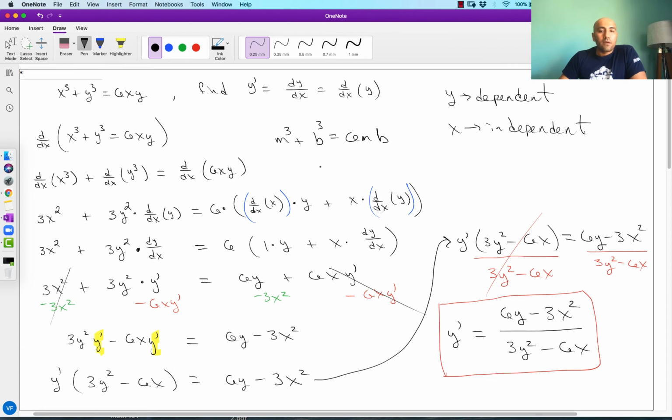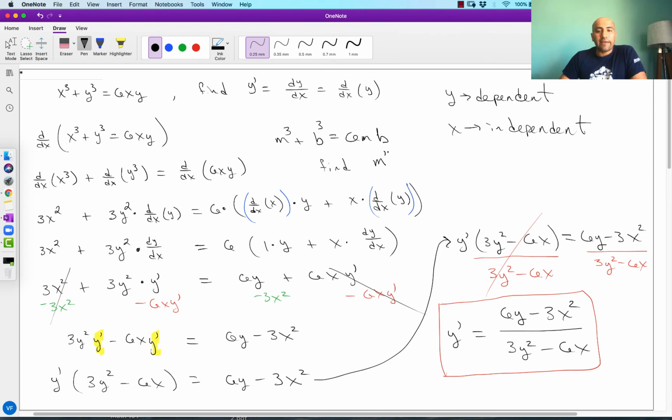Well, the clue you should look for is the question that they ask you. If they say find m prime, that means that the variable of differentiation is the other one. When they ask you to find y prime, the variable of differentiation is the x. It's the other one.